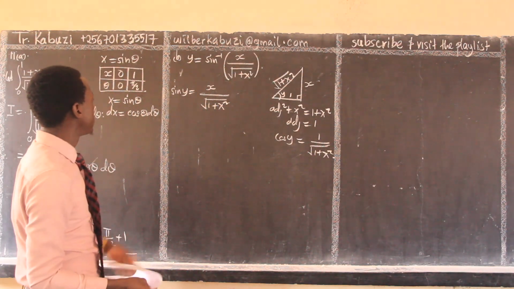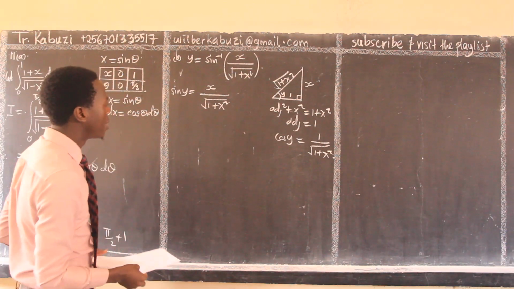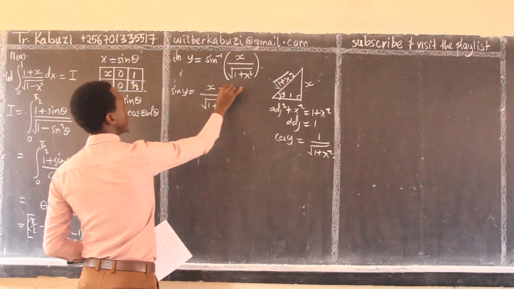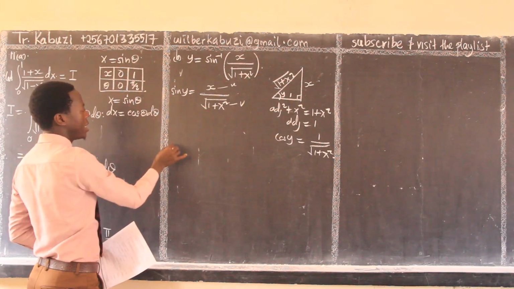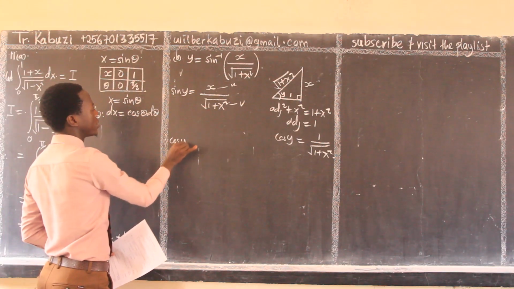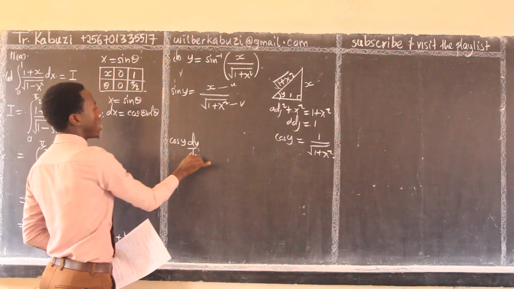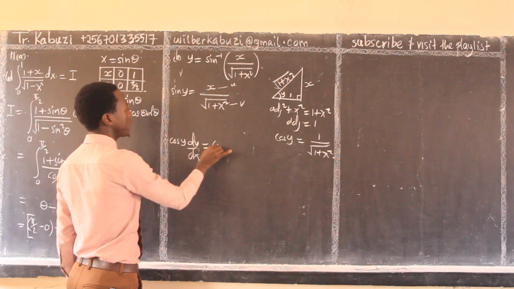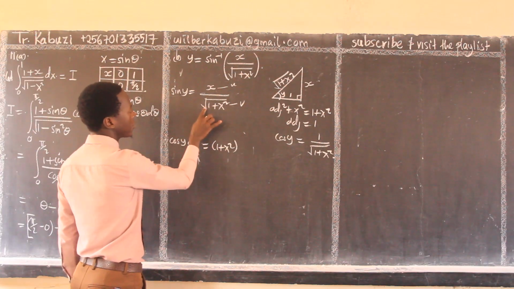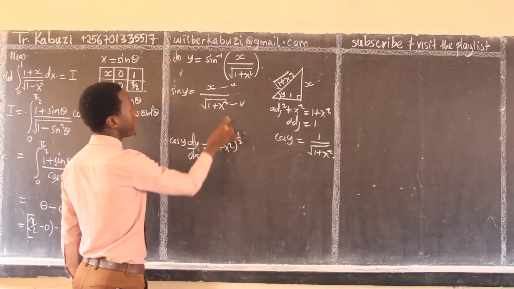So from here, to differentiate this, I'm going to use the quotient rule. So this one becomes my u, this one is my v. So on the differentiate side, we get cos y dy dx. Then we get our v, now this square root is the same as power a half.